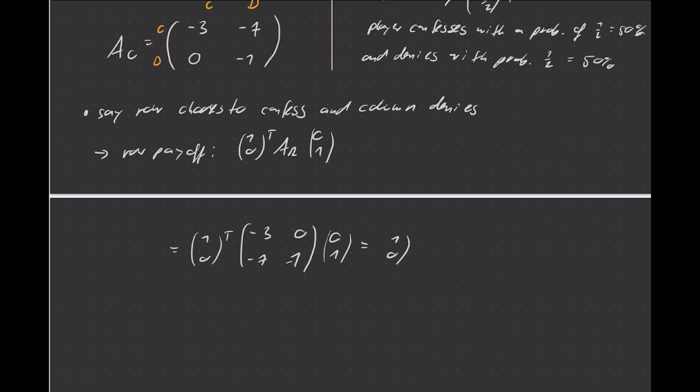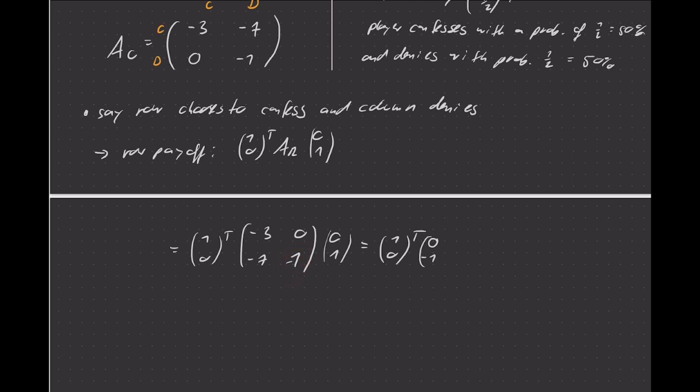I'll start with multiplying the matrix here and this vector, and that will give me 0 times -3 plus 1 times 0. That obviously is 0. And for the second row, I'll get -7 times 0 plus -1 times 1.